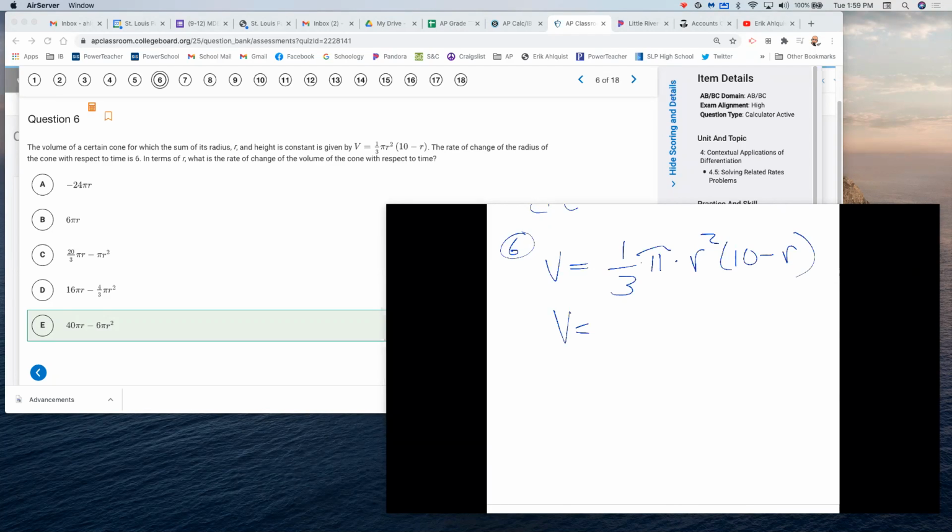If I were doing this so I didn't have to use the product rule, I'm going to write it as 10 pi over 3 r squared minus 10 pi over 3 r cubed.